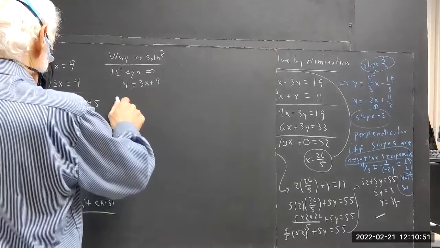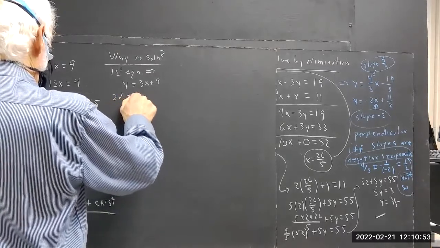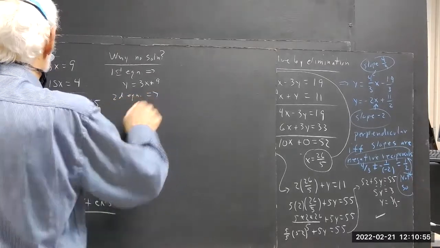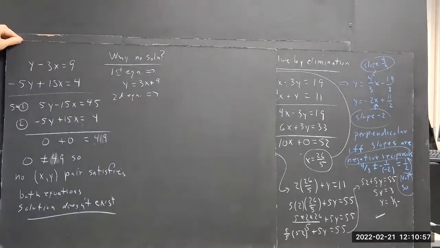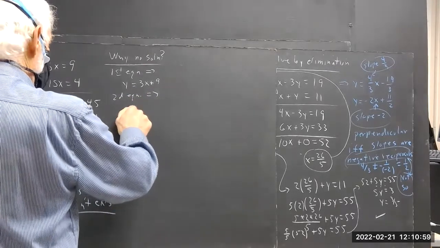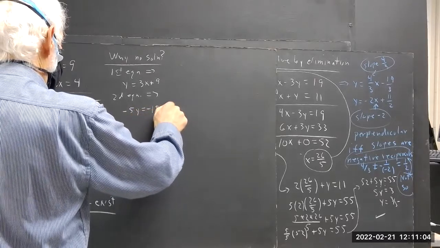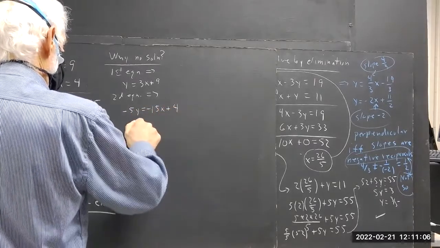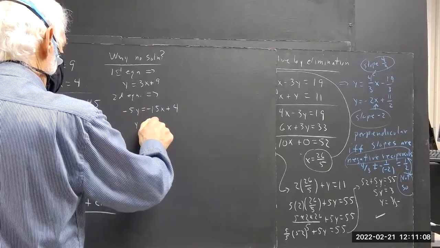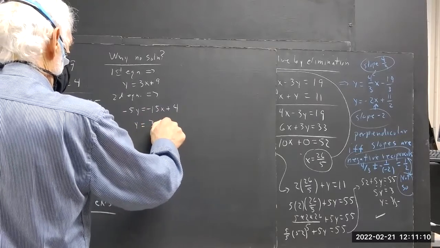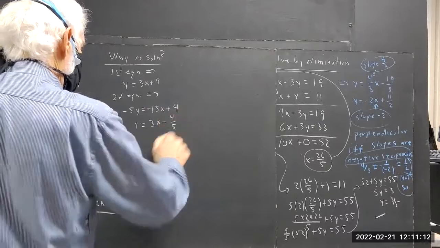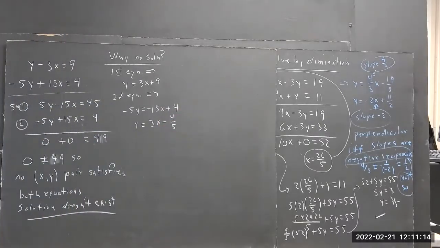The second equation implies that negative 5y equals negative 15x plus 1, so that y equals 3x minus 4/5.